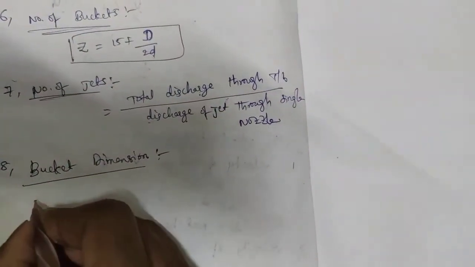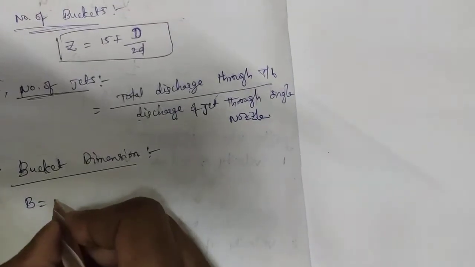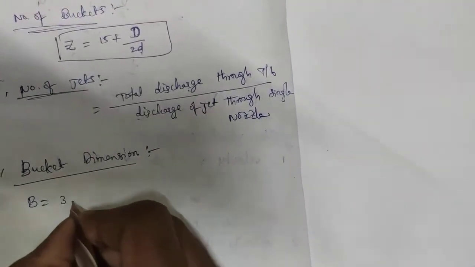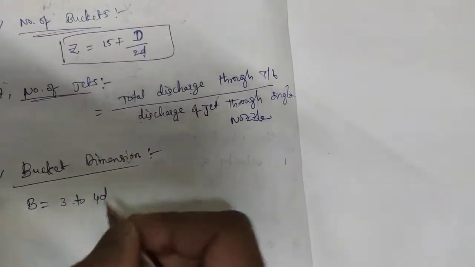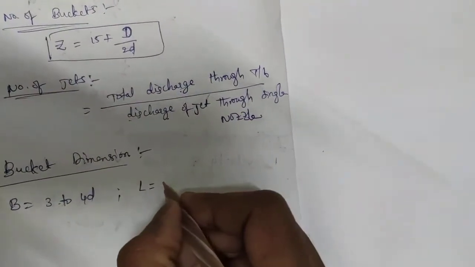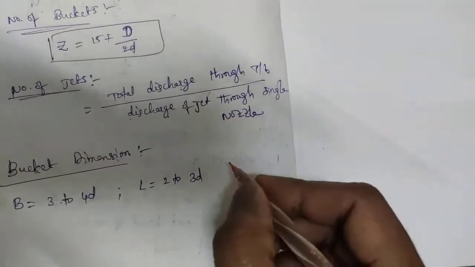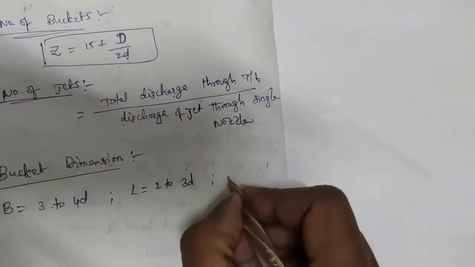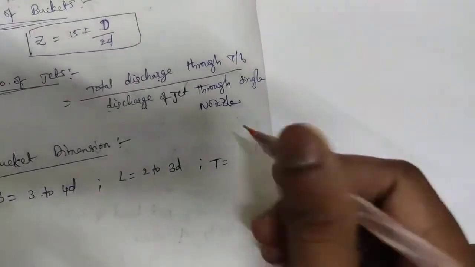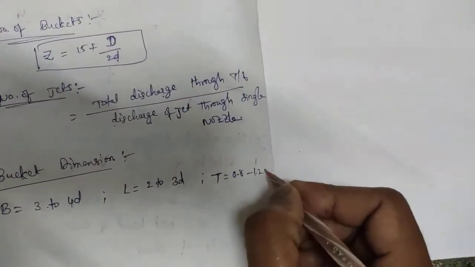So the formula is here. Width of the bucket is 3 to 4d, length of the bucket is 2 to 3d, and thickness of bucket is 0.8 to 1.2d.